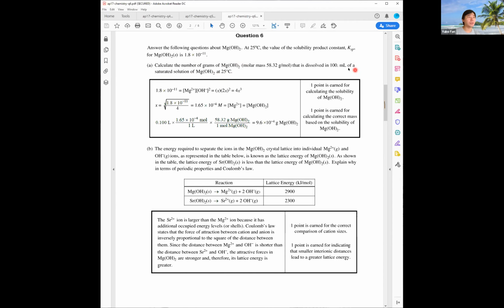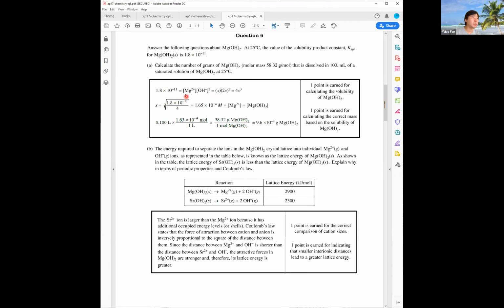The standard definition of solubility is the mass of a substance dissolved in 100 milliliters or 100 grams of water. They are the same for water because its density is 1. So here, the Ksp value equals magnesium concentration times hydroxide concentration squared.